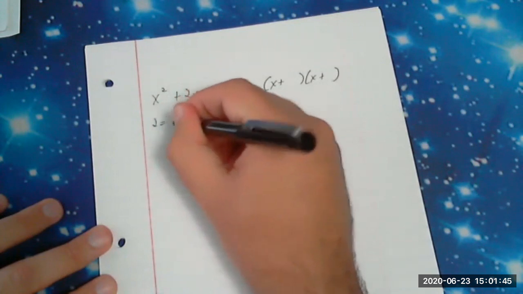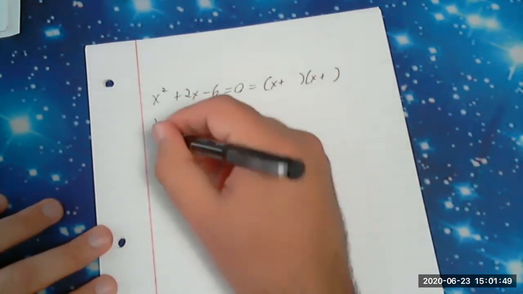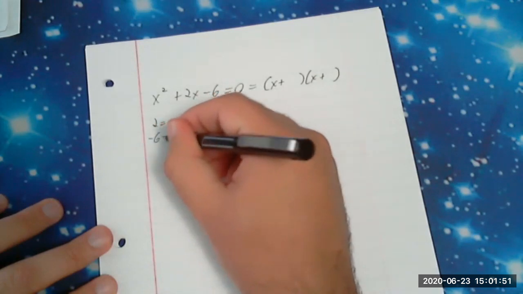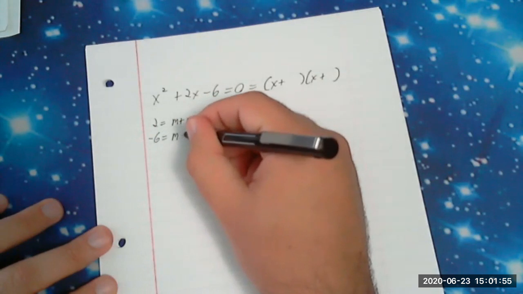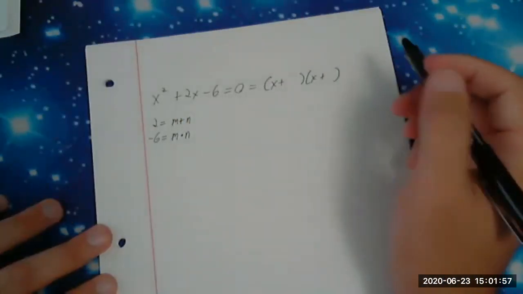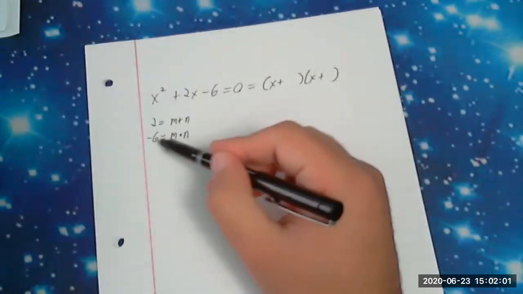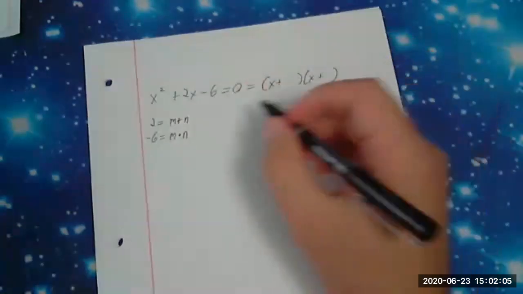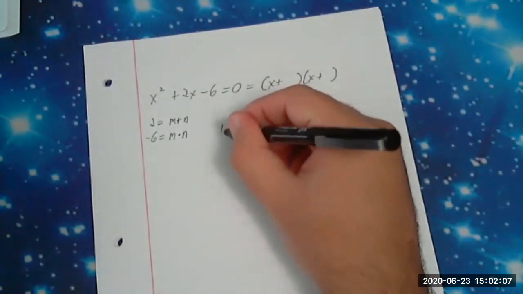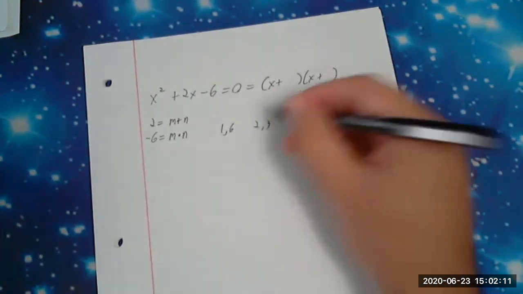So 2 equals n plus m, -6 equals m times n. Well, if we look at the nice, neat factors of 6, you have 1 and 6, and you have 2 and 3.